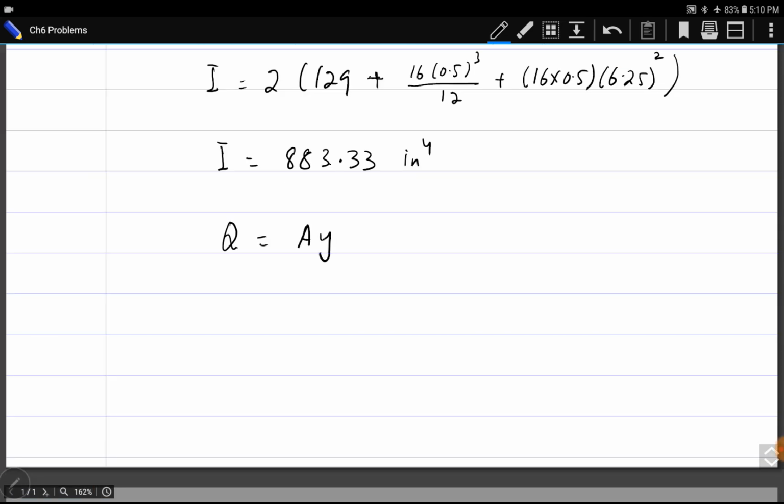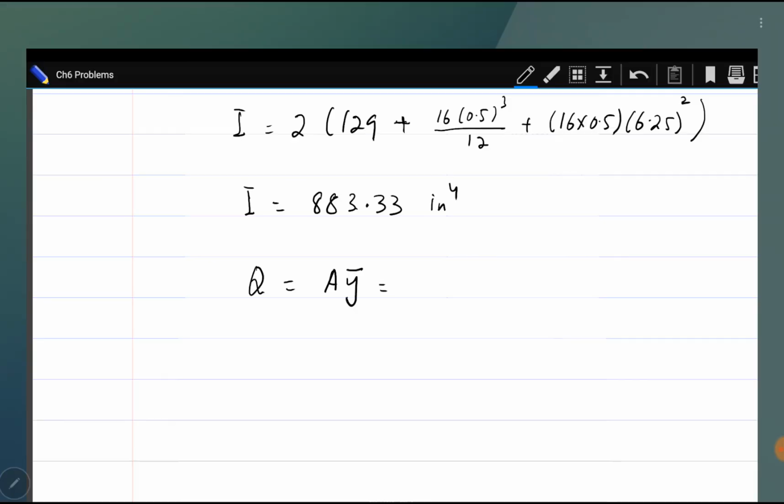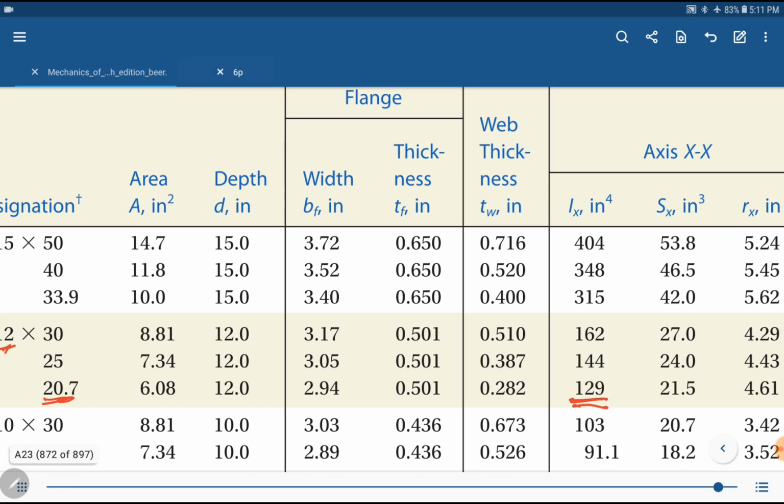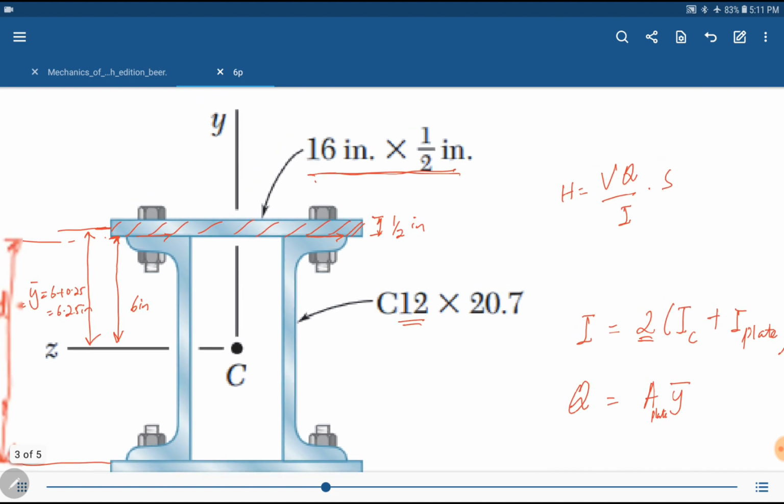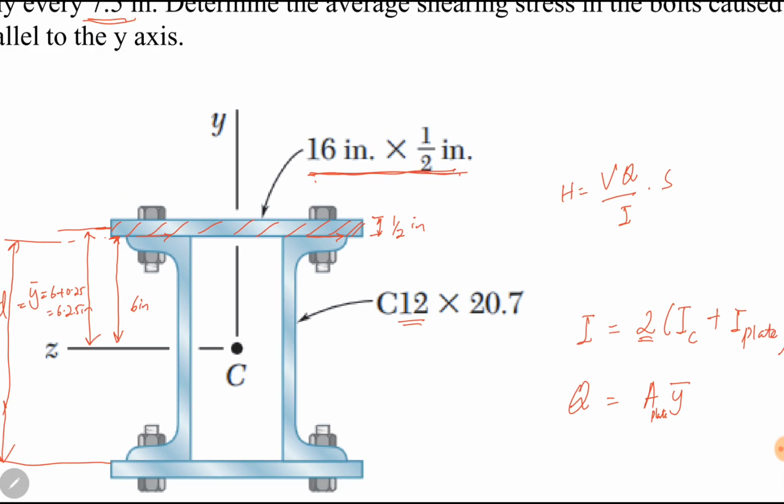Okay, for Q, which is equal to A Y dash, area of the plate into Y dash. Area of the plate is 16 into 1.5. Why are we using this area? This area is the area above the horizontal shear force line. Horizontal shear force exists on the interface of C section and the plate.